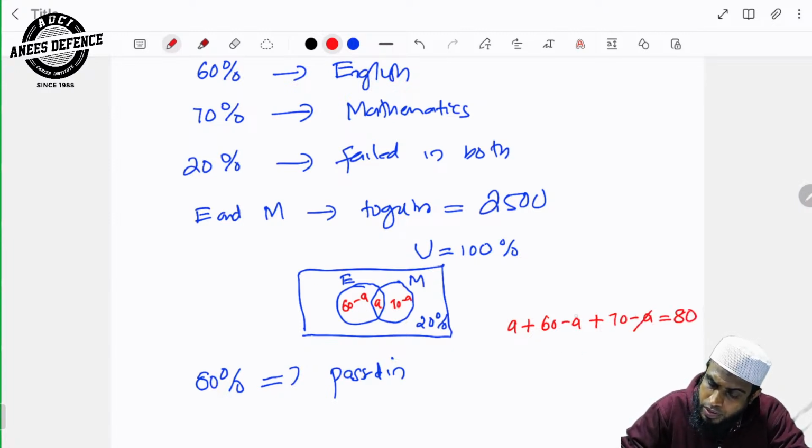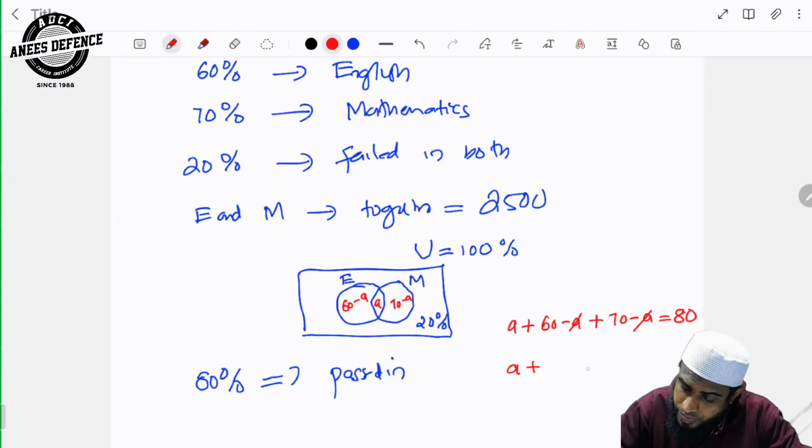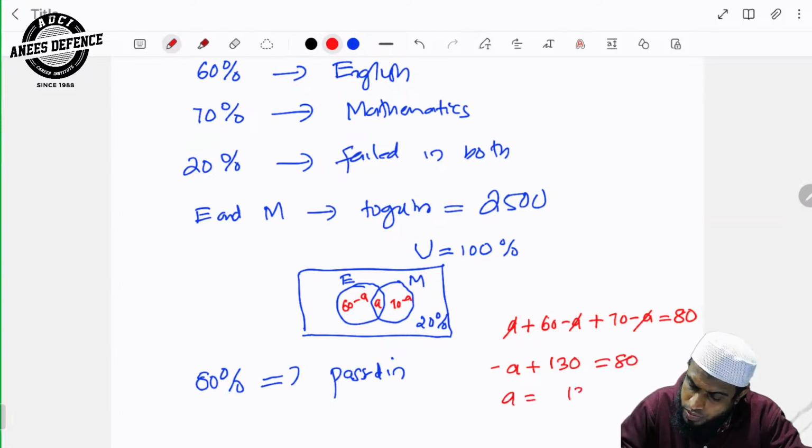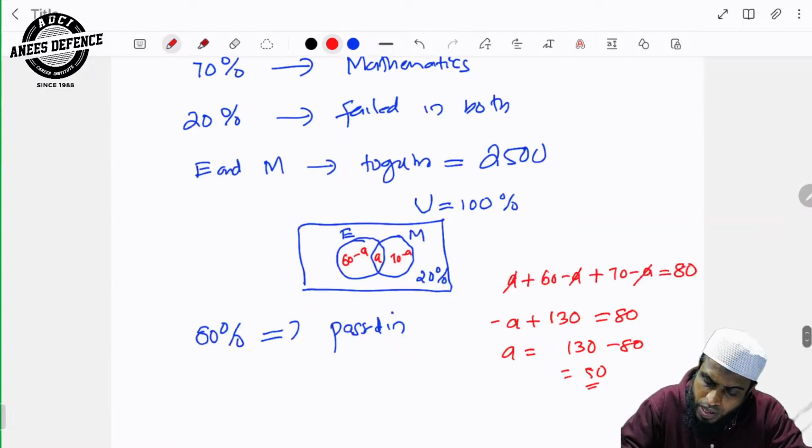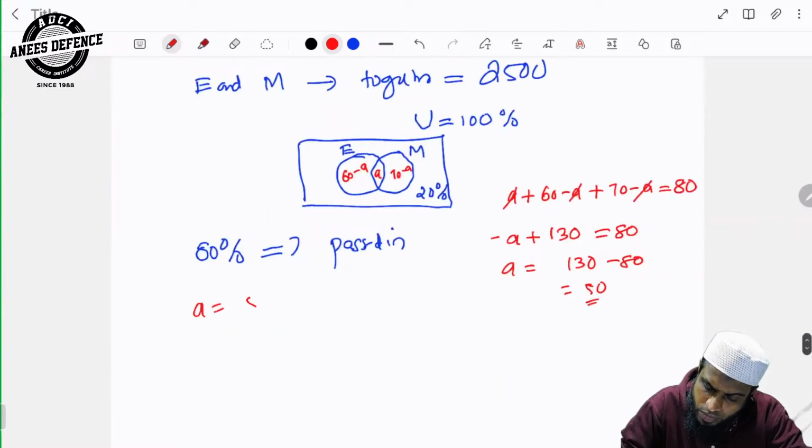So this A and this A get cancelled, and this minus A will be remaining. So 70 plus 60, 130 minus A equal to 80. So A equals 130 minus 80, that will be 50. So A is actually 50 percentage.